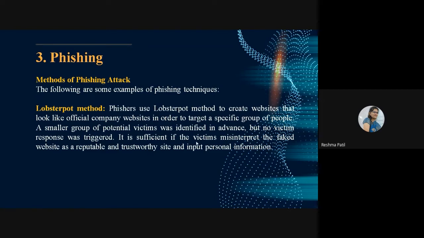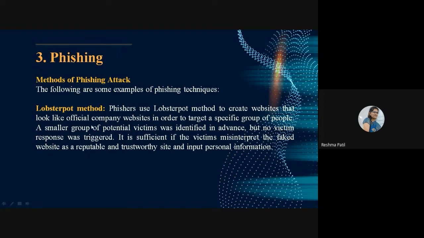So if that victim comes to believe that it is the official website, but actually it is not, and they are asking for some information from my side, he will enter that information. Using this personal information they will find out other things also.